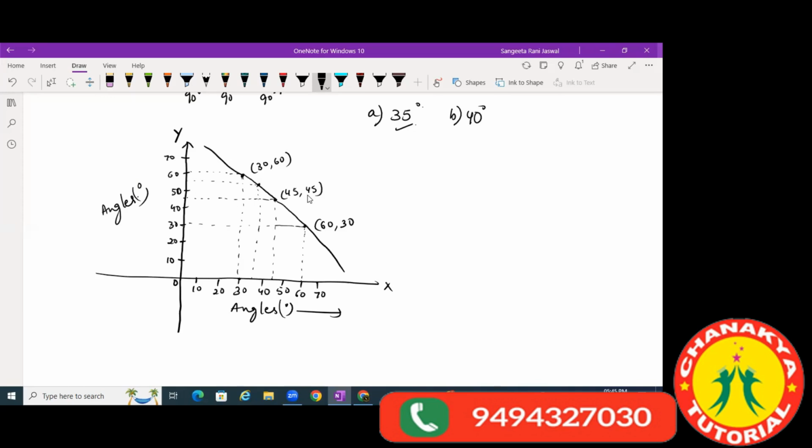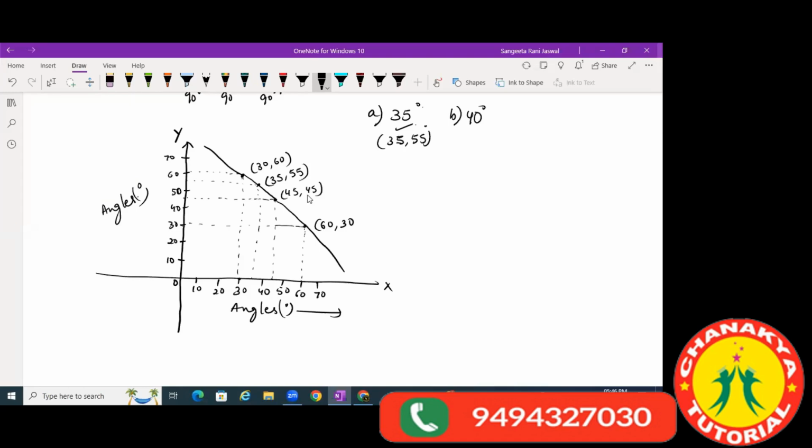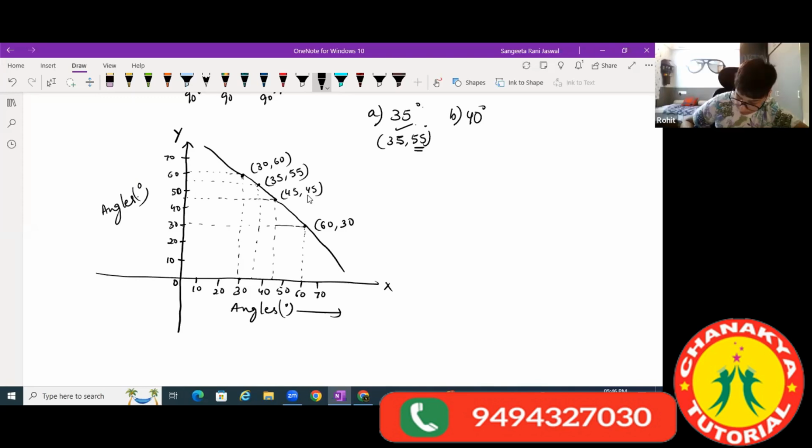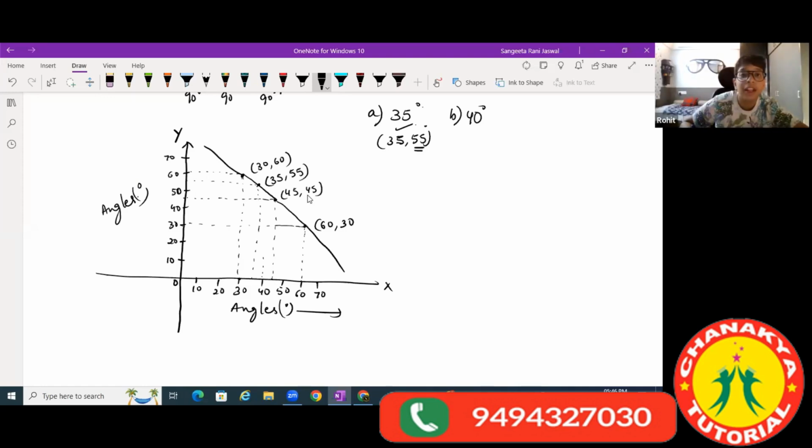Got it? So this is 35 and 55. If the angle was 35, the complementary angle was 55. You get this point? Similarly, when you have your other angle as 40 degrees, the complementary angle will be 50 degrees.